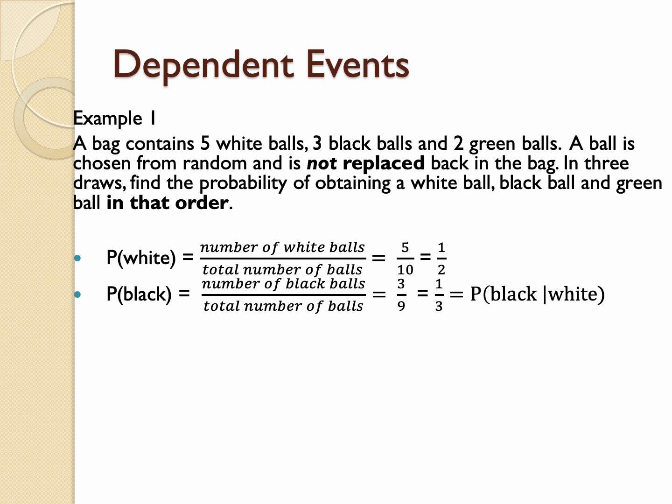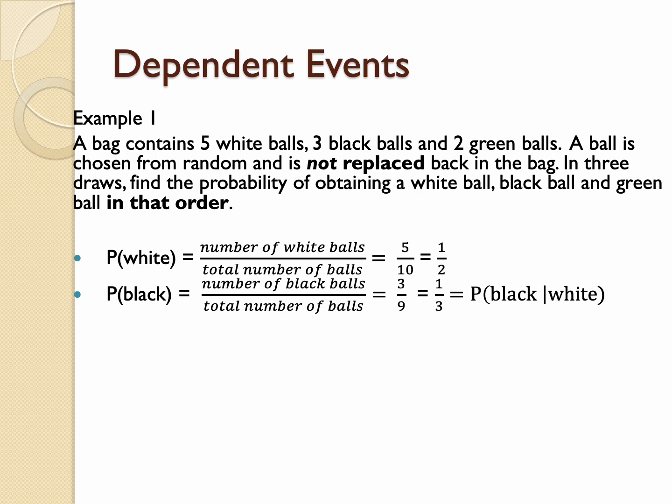So the black balls equals 3, whereas the total number of balls left equals 9, and hence the probability is 1/3. Note, we can also call this the probability of picking a black given that a white was picked already.